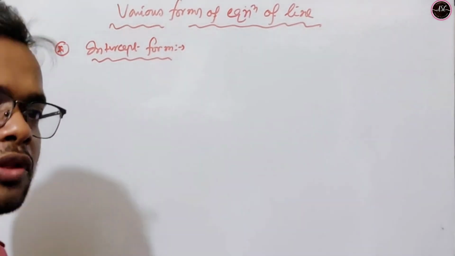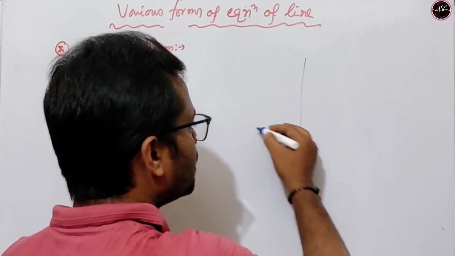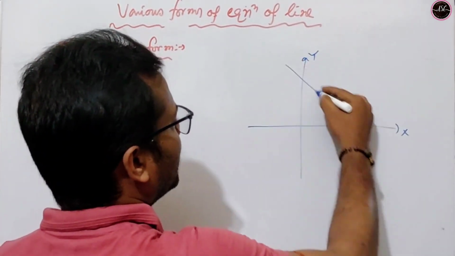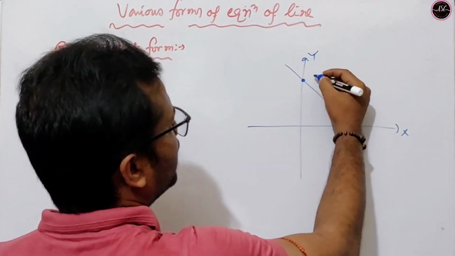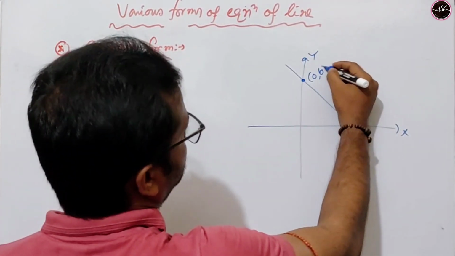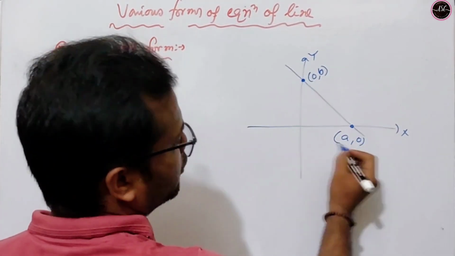Now we will learn about the general intercept form of a line. Suppose this is a coordinate plane, and a line intercepts the y axis at the point (0, b) and the x axis at the point (a, 0).